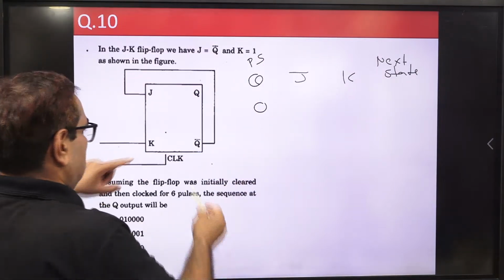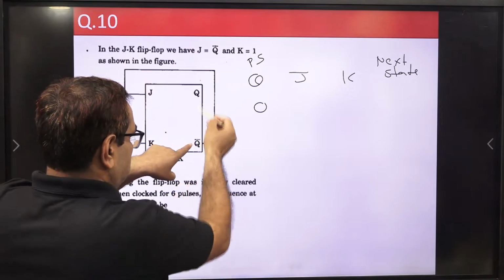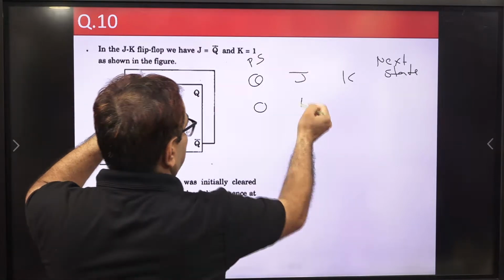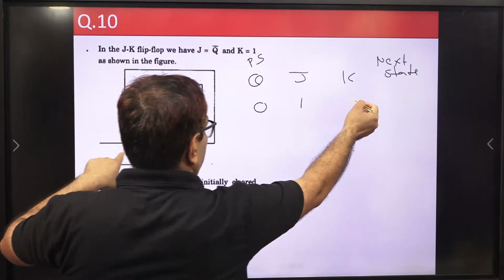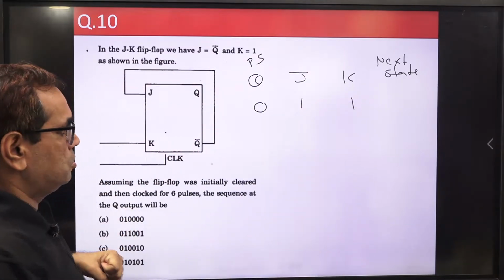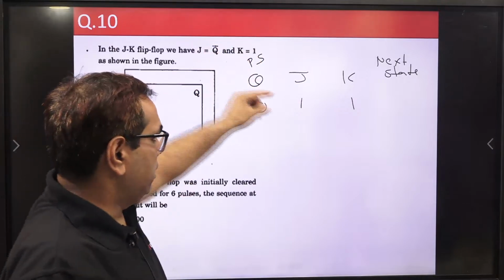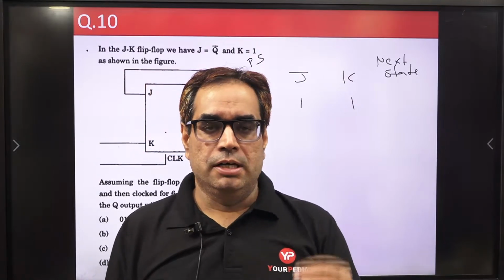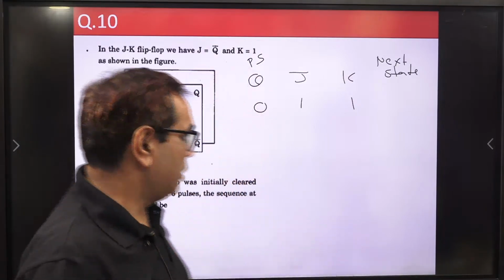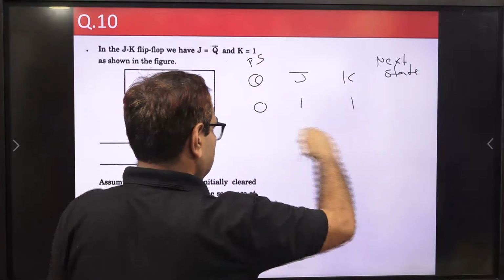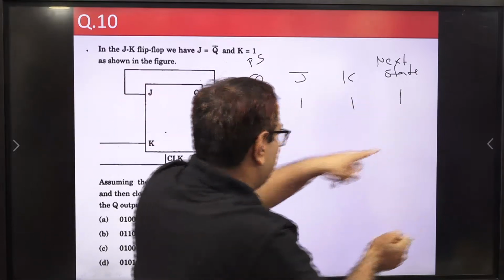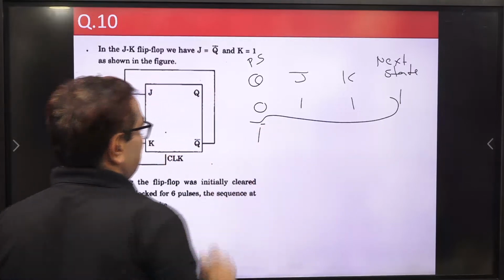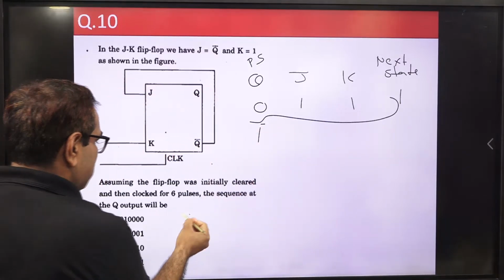Now Q bar is 1, and this is connected with J. So J is 1 and K is permanently connected to 1. So present state is 0, inputs are 1 1. In case of 1 1, it toggles. Toggle means it goes to the opposite state. So the next state will be 1, which becomes the present state now. So from 0 it is going to 1.